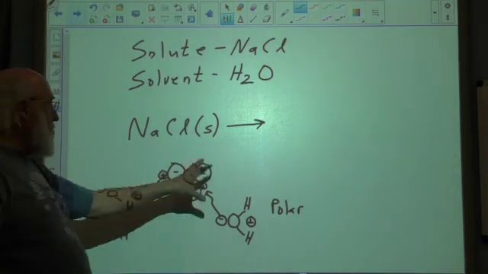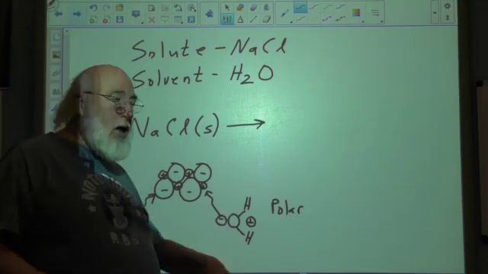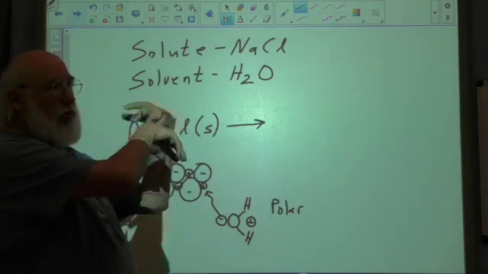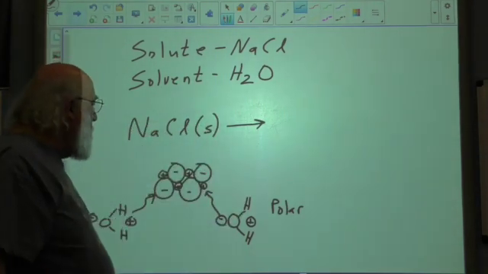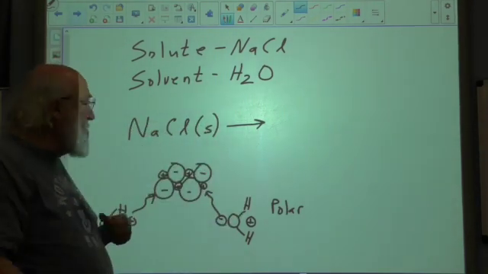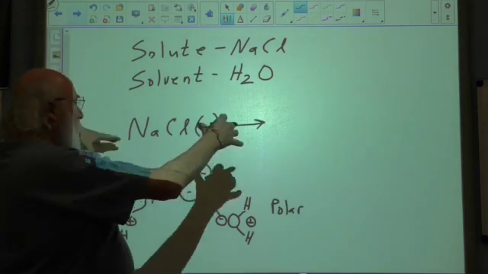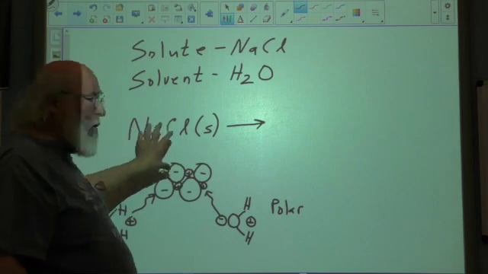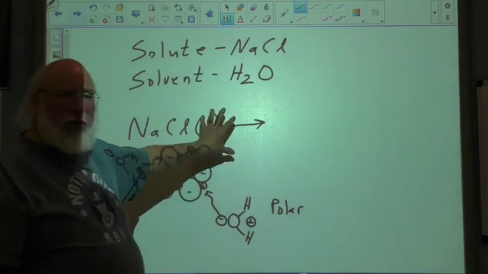Okay? And actually there's 6 water molecules on each one of these ions that's being ripped apart. Because once this gets pulled off, other waters are going to join in pulling this thing off. But when we show this, we don't show the water part of it as part of the reaction. We put it as part of the phase.